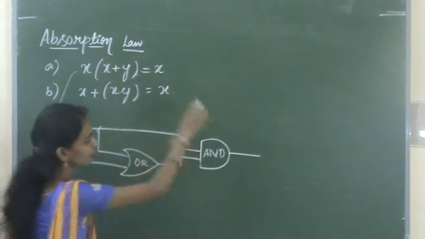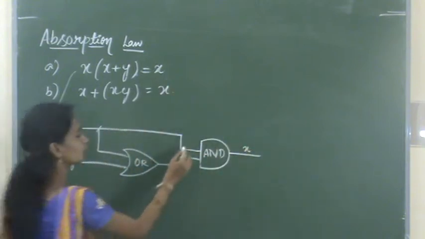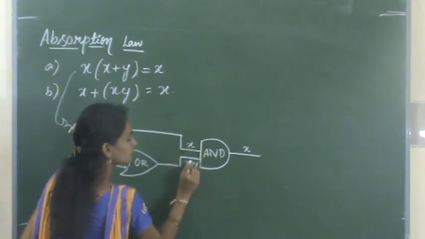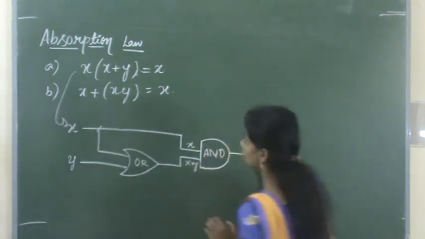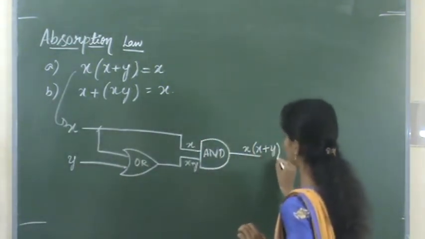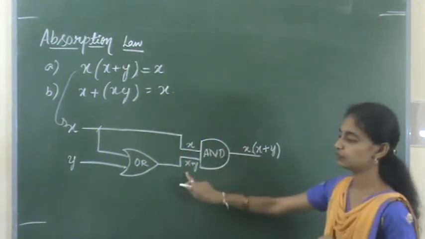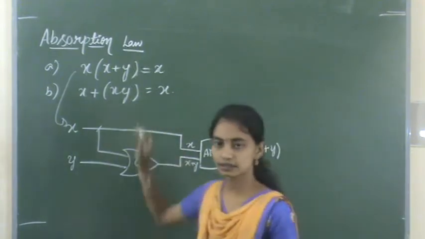The result will be x into (x plus y). So we are providing x as one input, and the second input is x plus y. This is how we can write the logic diagram.